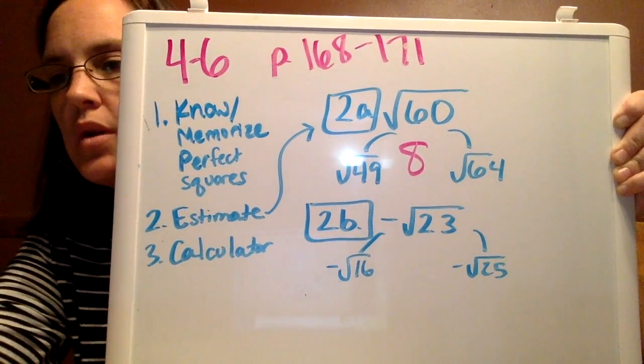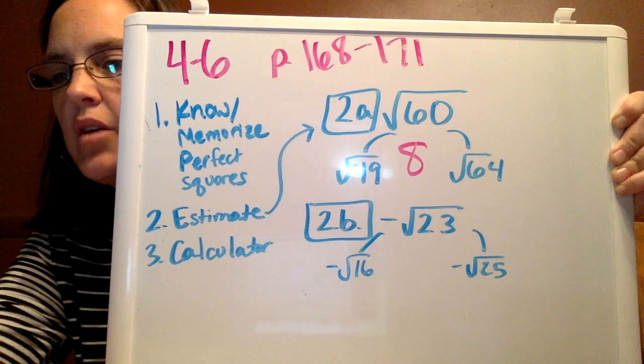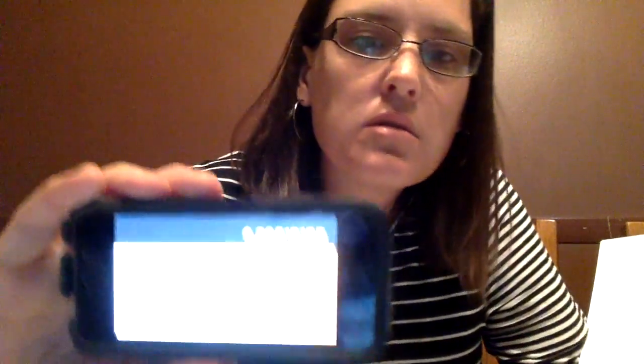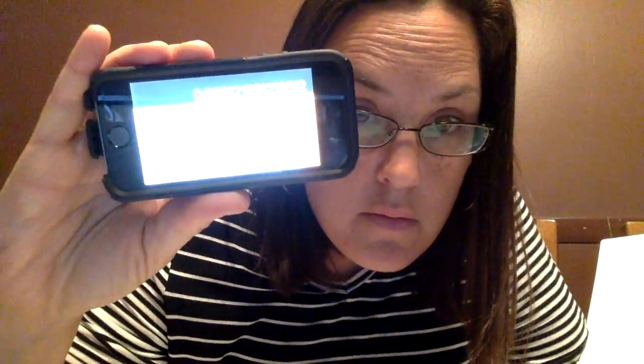Let's see here, the square root of 60 on my calculator. Every calculator is a little bit different on how you type things in. I'm using my iPhone right here, and on the calculator on my iPhone, can you see that? No, I think you can. I'm going to type in the number 60. I have to hold it horizontally, though, to get the feature there. 60, and then I use a little button on there.